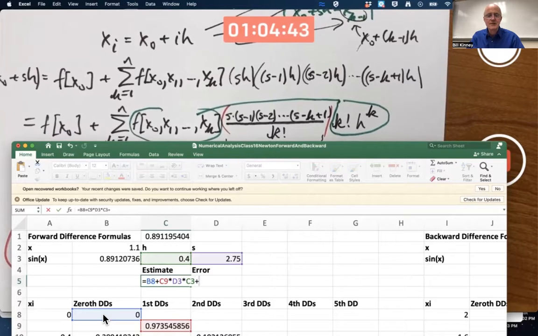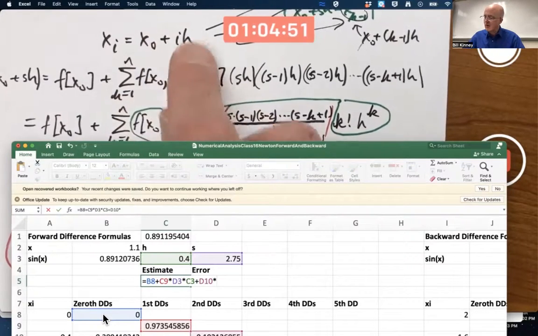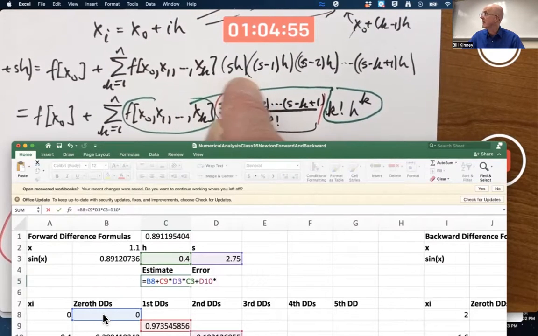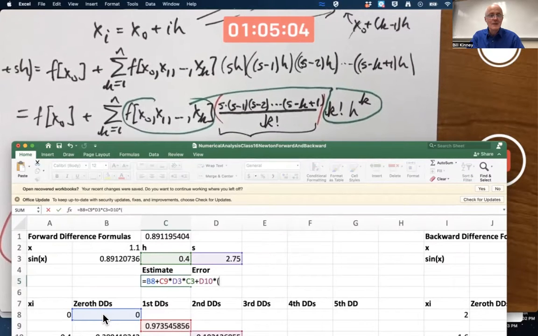The next divided difference is in cell D10, at the very bottom of the screen there. I'm using this now with k equal to 2. I'm going to have an S times S minus 1, and I'll have 2 factors of H, H squared. S, D3 times S minus 1 times H squared.